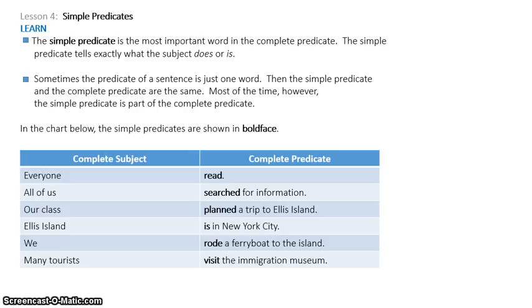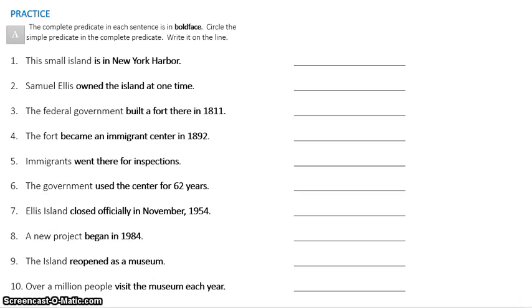All right. So let's go ahead and go on to practice set A. And it looks something like this. It says the complete predicate in each sentence is in boldface. Circle the simple predicate in the complete predicate. So if you circle a word outside of the boldface words, you automatically know that it's wrong because it says that they've put the complete predicate in boldface.